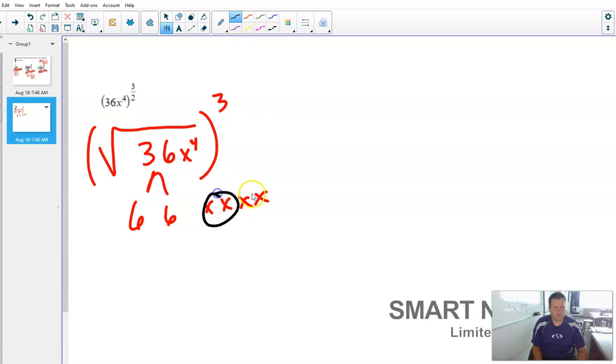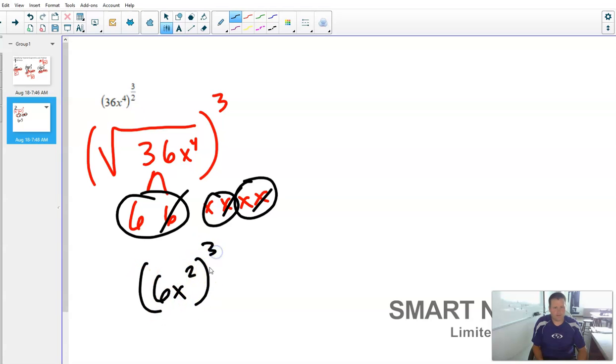Now I need pairs. Pair, pair, and pair. Everything breaks out. Cancel out what we need. So I have 6x to the second. And then this is all raised to the third, so now I can do my power rule. 6 to the third is 216. x to the second to the third is x to the sixth.